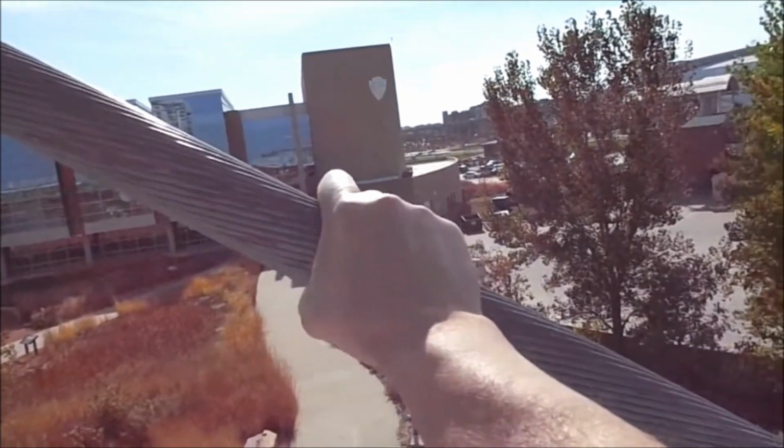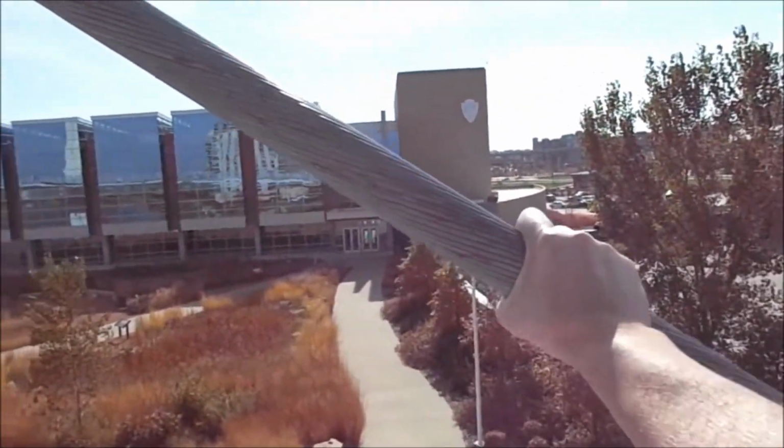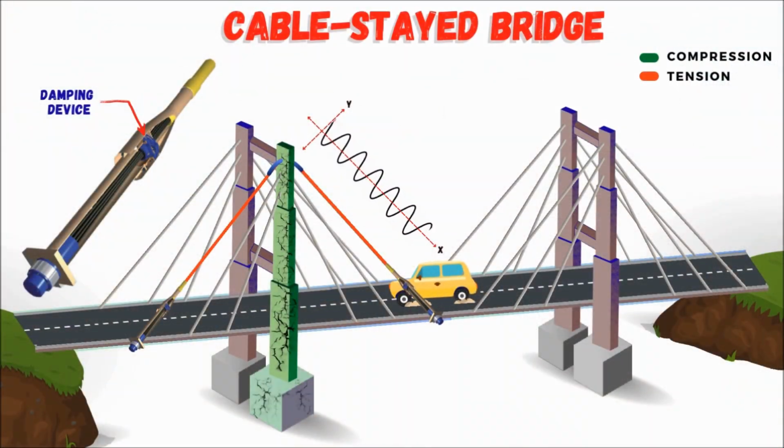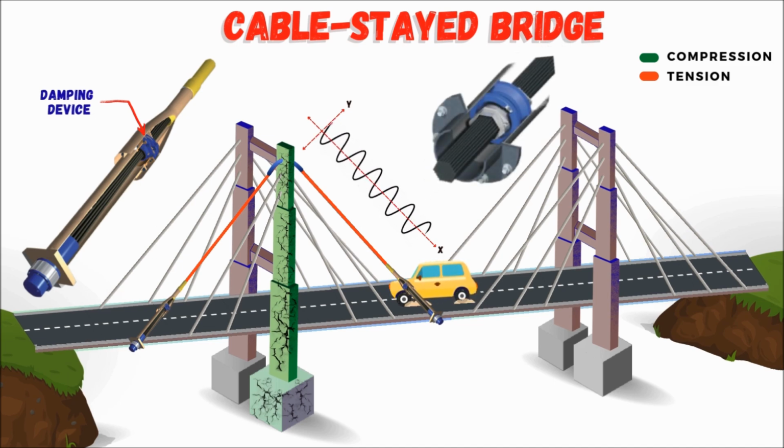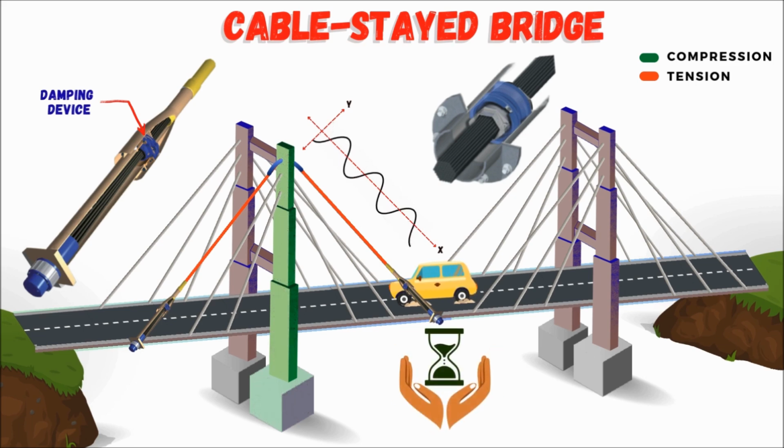These vibrations increase the potential for fatigue. To address this issue, most cable-stayed bridges have damping devices, which are nothing but neoprene rubber rings placed around the cables within the guide pipe. This device reduces the vibration to an extent and improves the lifespan of the bridge.